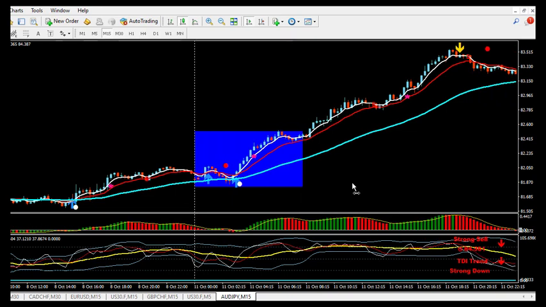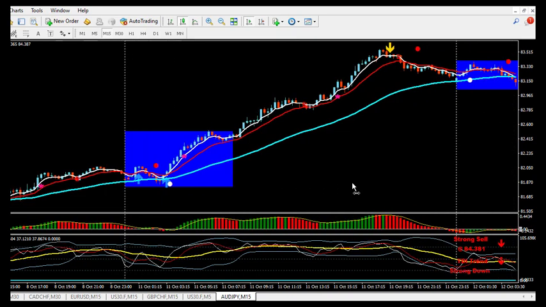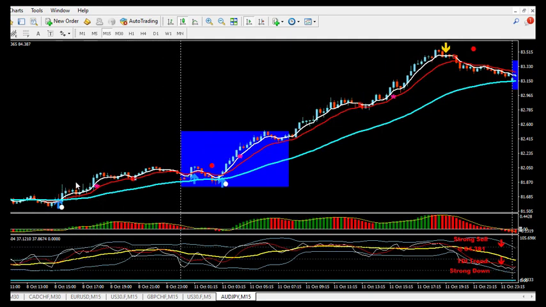And the following day also we have continuation from the previous buy trade. Here it is. This is the continuation. So the breakout of this Asia zone, we are going to enter another trade. And here it is.